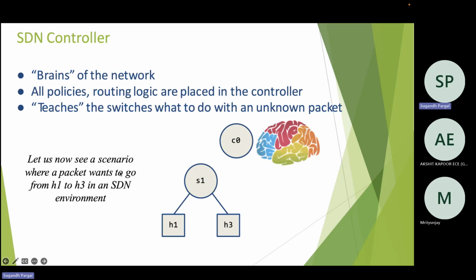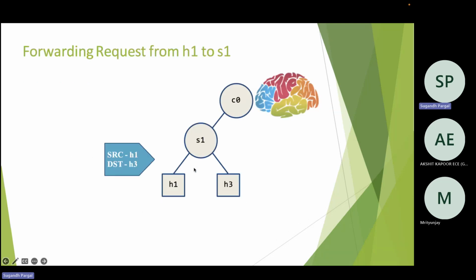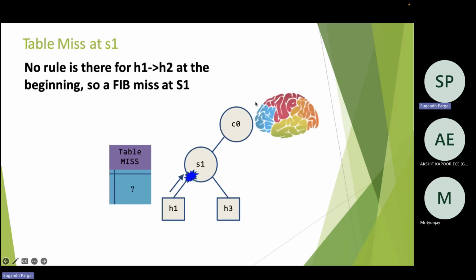So when a packet wants to go from H1 to H3, this is a network and this is switch 1, S1. It has no information about what to do and how to transfer it. So H1 forwards the request to S1, and S1 further asks the controller, that is C0.